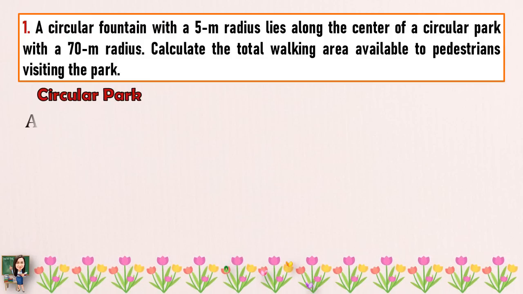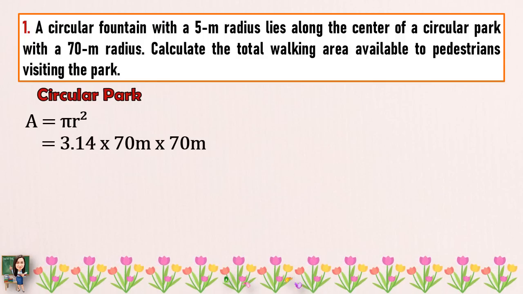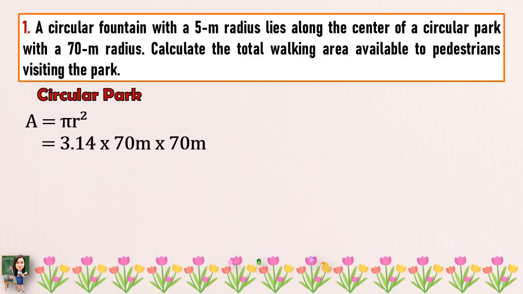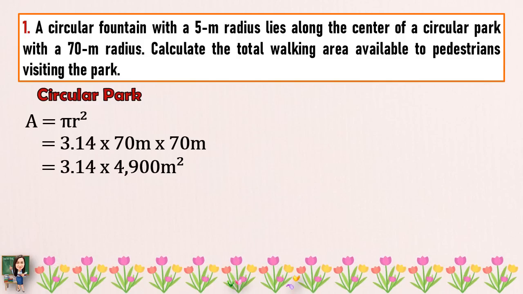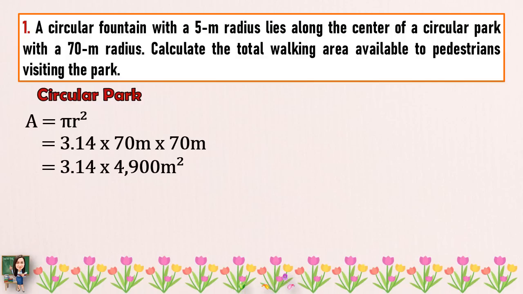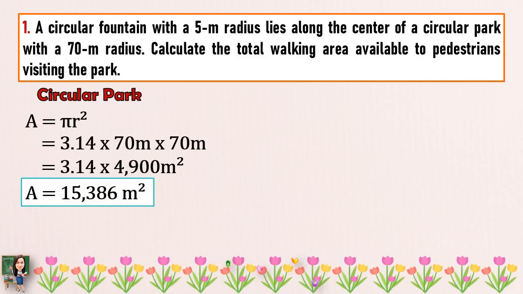Circular park. A equals pi r square, or 3.14 times 70 meters times 70 meters. 70 times 70 equals 4,900 square meters. Multiply by 3.14. So the area is 15,386 square meters. This is the area of a circular park.